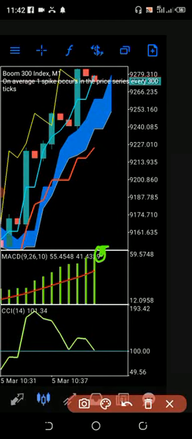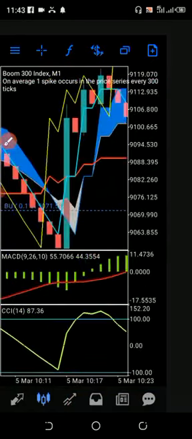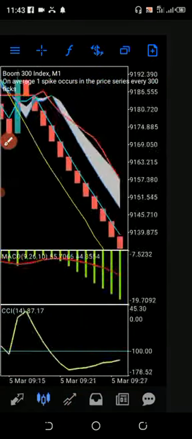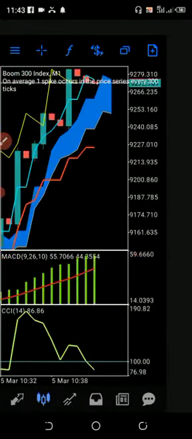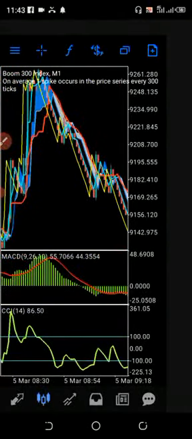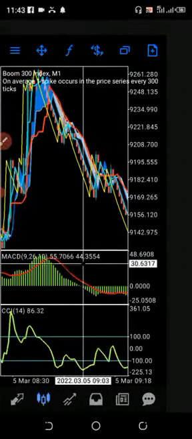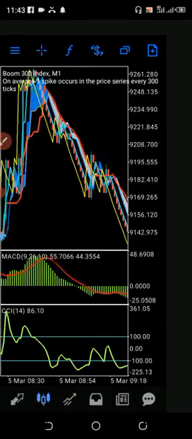So if no other spike, it will now start going up like this. Then from there, it will cross over like this, it will now change over like this and start going up. It will continue to go up.